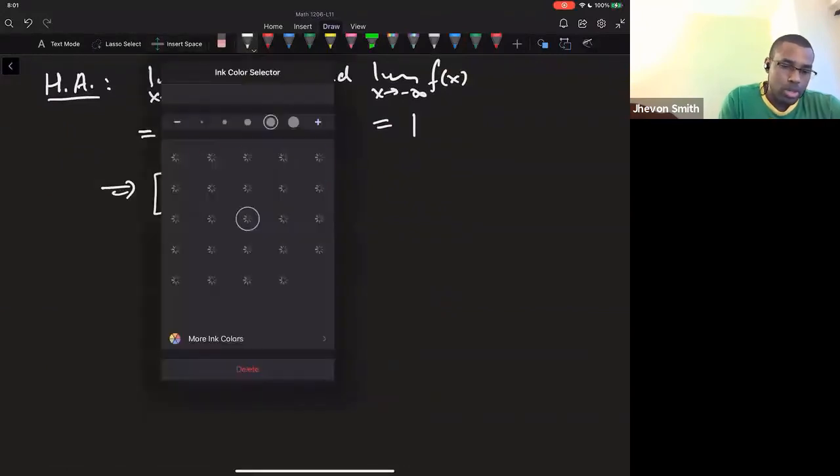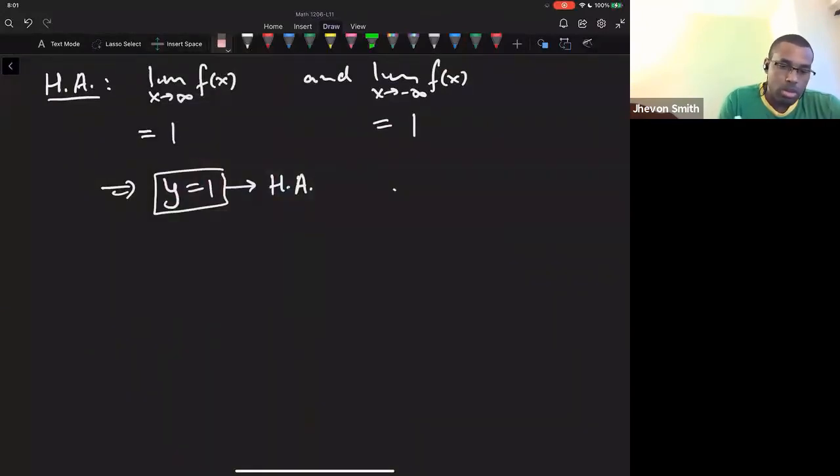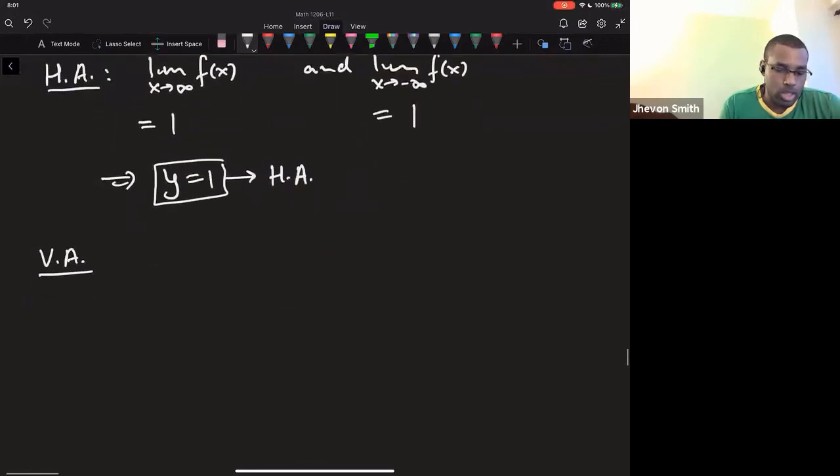And you then move on to the vertical asymptote. And this is just going to be where your x is equal to 2 or minus 2.